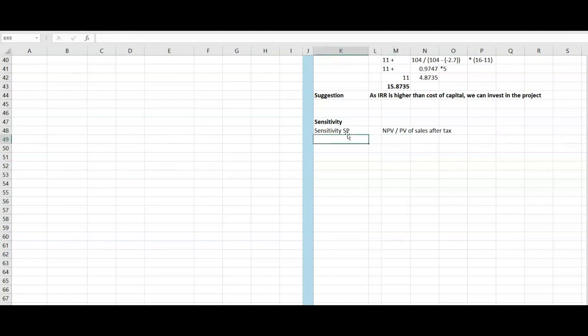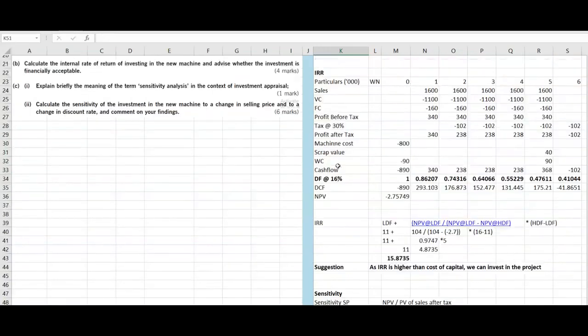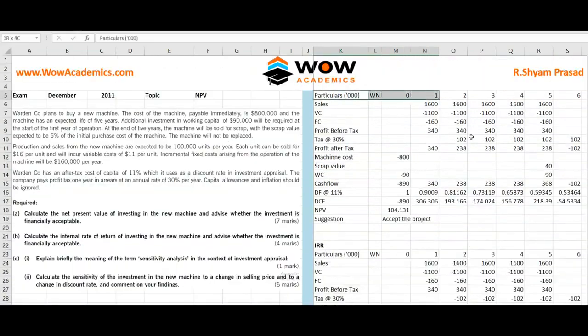So we know the NPV number. The NPV number that we calculated originally was 104. But what we don't know is the present value of sales after tax, so that we don't know. So for that we have to work it out. So to work it out, we'll copy this entire table.